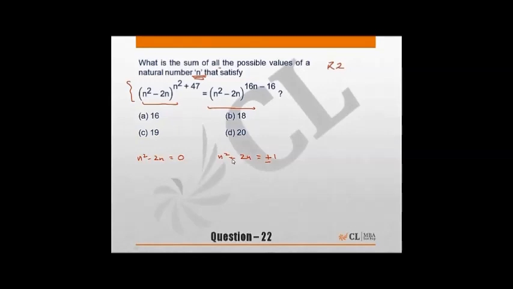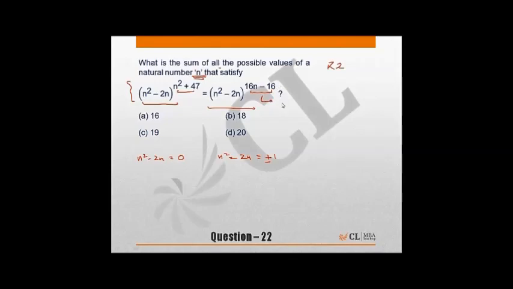But if n square minus 2n is -1, then what about the power? This is even. So -1 raised to any even power will always be 1. But this could be even or odd depending upon the value of n. So n square minus 2n equal to -1 is possible, but in that case the powers should both have the same nature, which means both odd or both even.